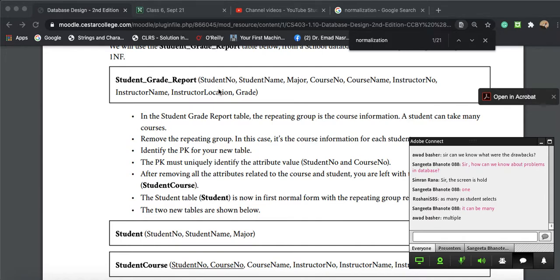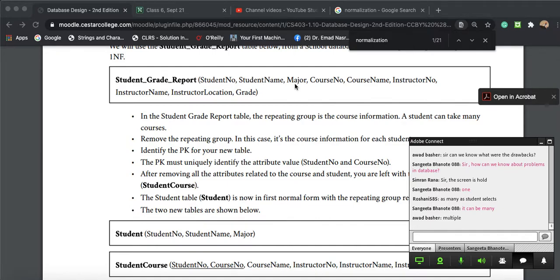Okay? So do you see an example of a table that doesn't fit the first normal form? How does it look? It has repeated values in the same record or in the same row. Because here, what can I do?